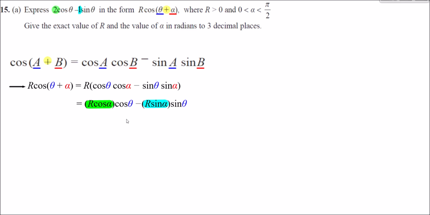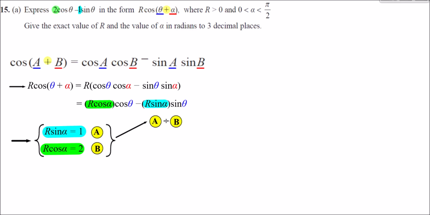So now we've got two simultaneous equations we can solve: r sin alpha is 1 and r cos alpha equals 2. I'm going to call one equation A and the other one B. The first thing I can do is divide one equation by the other.